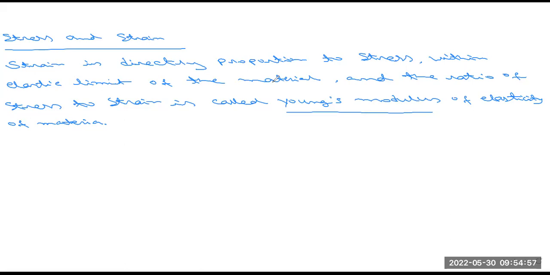So what type of material, that is steel, nickel, aluminum, any type of material you use has an elastic limit. So within the elastic limit of the material, the ratio of the stress to strain is basically called the Young modulus of elasticity of the material.